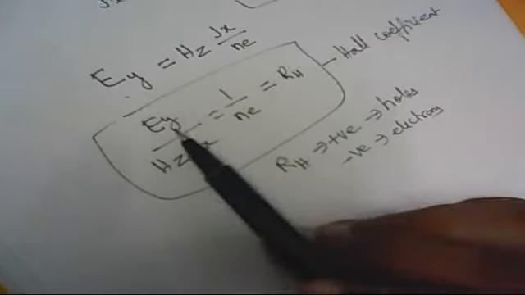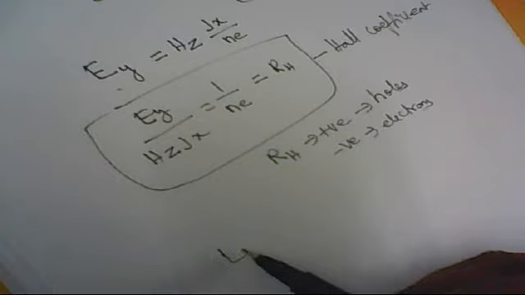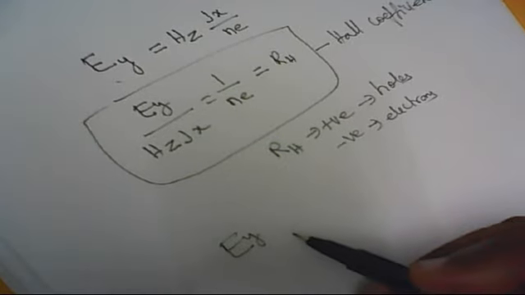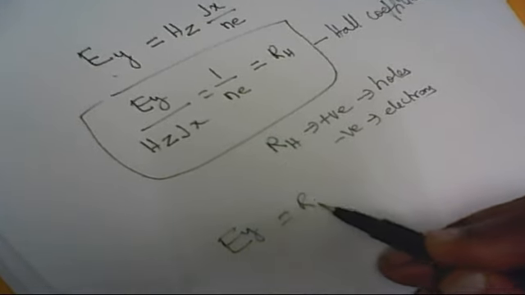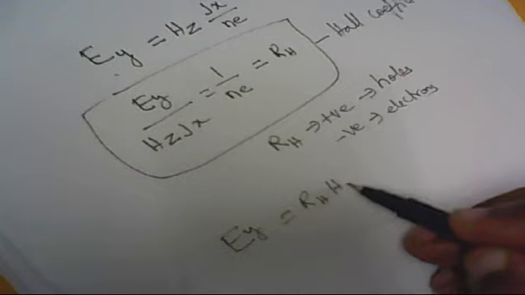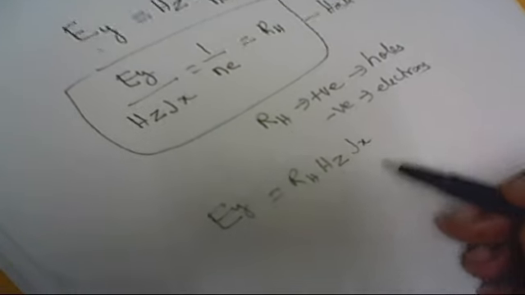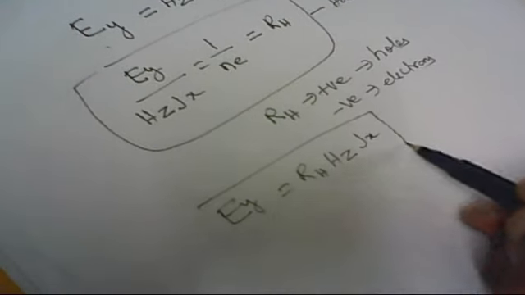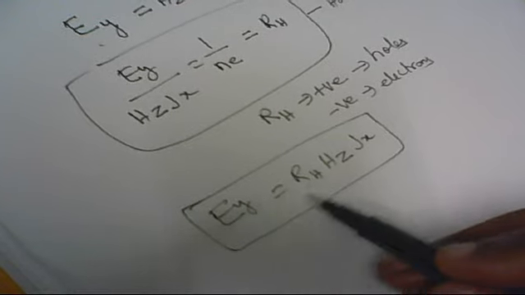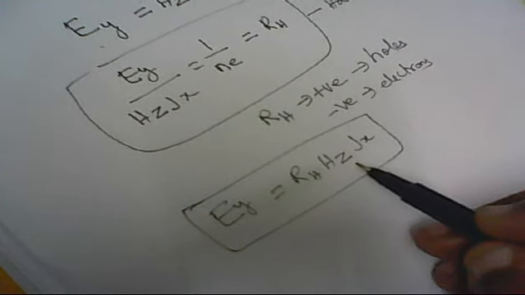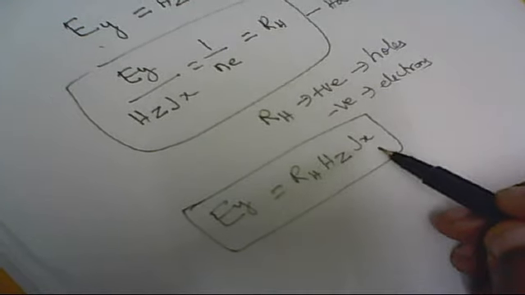type of charge carriers. Now we have an expression, we can rewrite this expression as Ey is equal to RH Hz into Jx. We get an expression for Hall field Ey is equal to the Hall coefficient into the magnetic field into Jx.